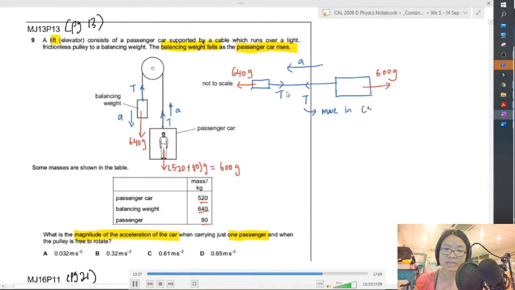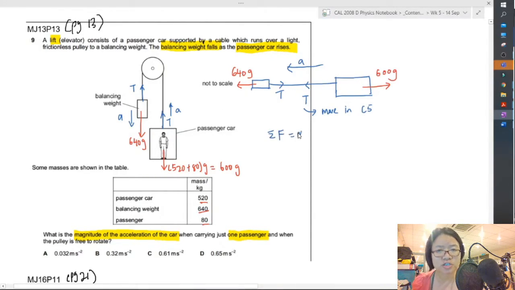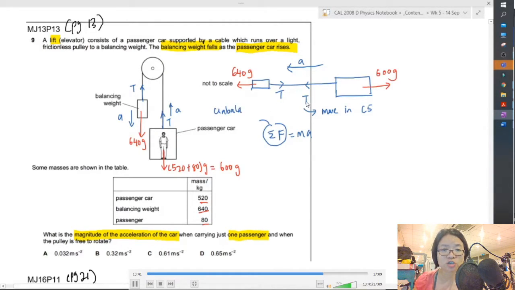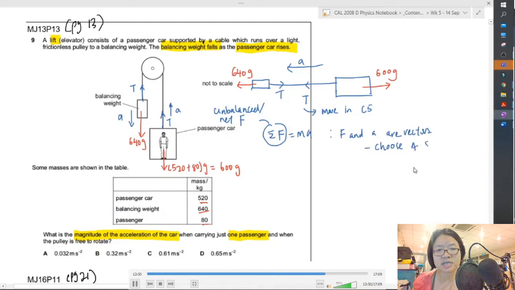But let me label the tension first. More about tension in chapter 5, but here you can see the tension will cancel out because it is the same rope. So here, I'm going to use net force or unbalanced net force is equal to MA. And I'm going to remind myself that F and A are vectors, and we need to choose a sign.